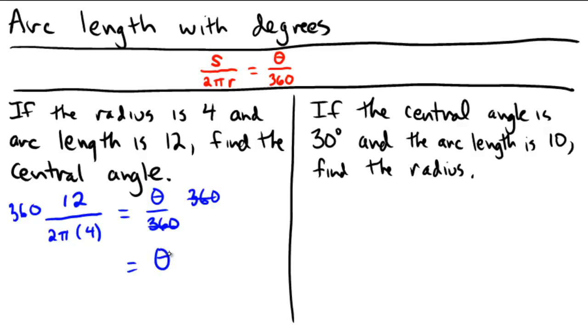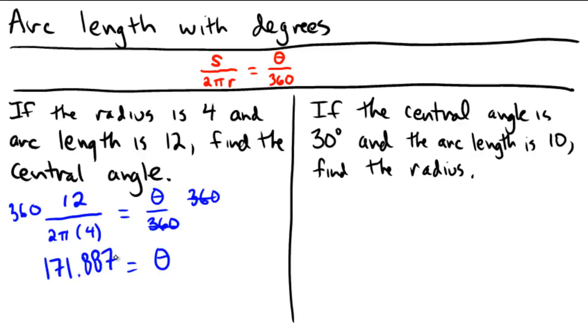And on the left hand side, I'm going to use a calculator because the numbers here are not excellent. I'm going 360 times 12 divided by 2 times pi times 4, and that's giving me an answer of 171.887.